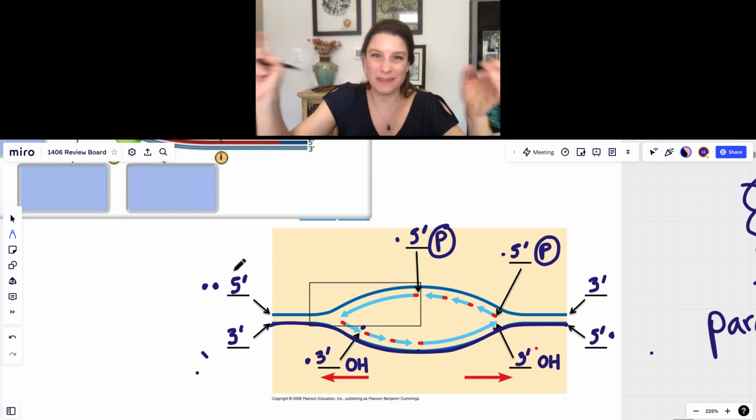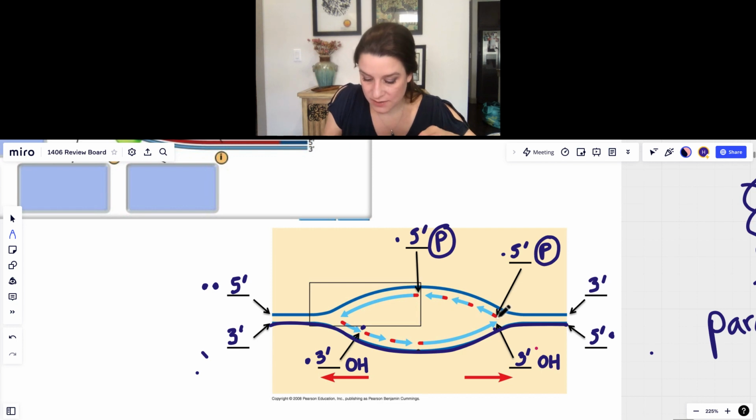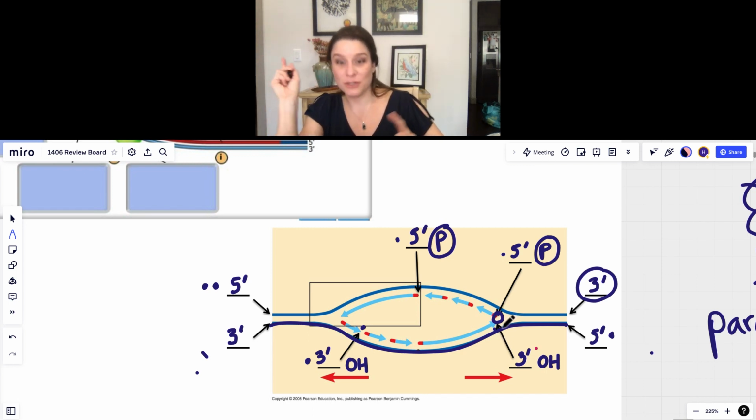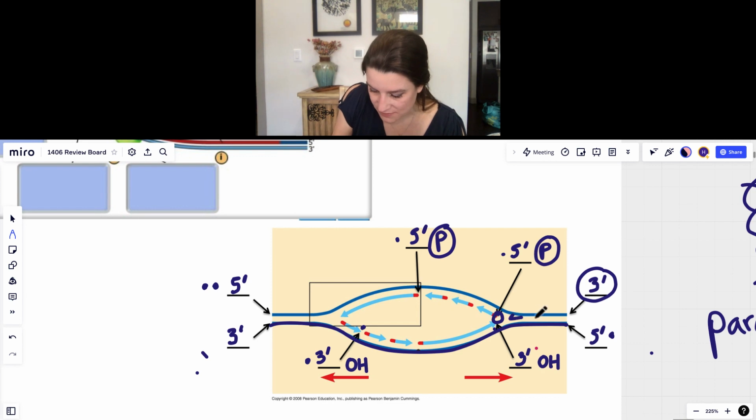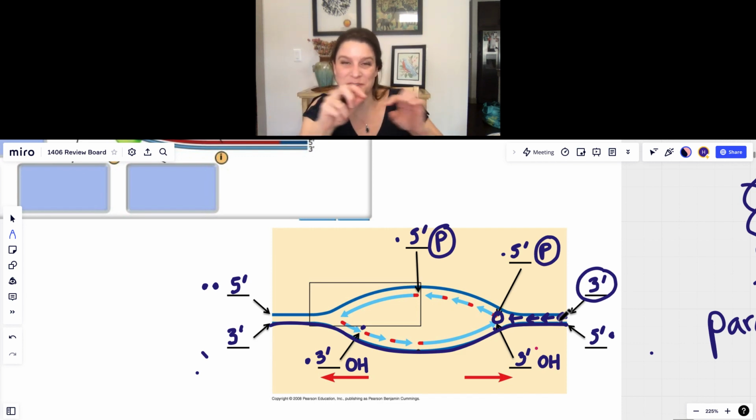It does, it's opposite, 3' and 5', anti-parallel. And then also we can check, because does our 3' here match up with what will be a 5'? Yes. And you're like, wait a second, that's not going to grow backwards. You're right. That's why it has to build like this in little baby chunks, because it can only build in the opposite direction as the fork.